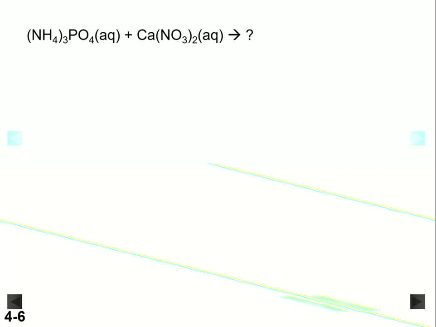And we need to write down all the correct formulas and phases. And so we end up with Ca3(PO4)2 solid, plus ammonium nitrate aqueous. And the Ca3(PO4)2 comes from knowing that calcium has a +2 charge and phosphate has a -3 charge. So we need 3 calciums and 2 phosphates to end up with a net neutral charge for our compound.